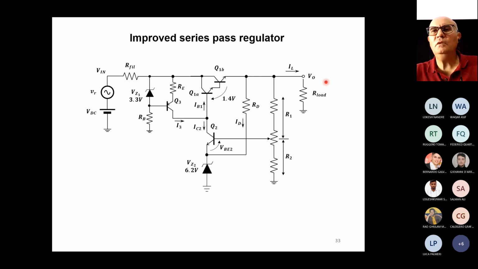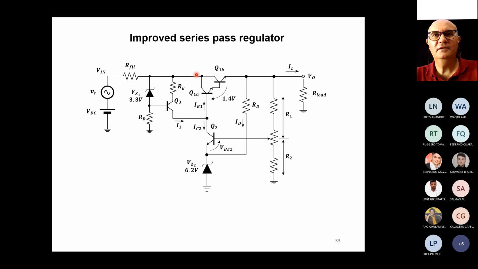So this is an example that lets me understand that in this situation, for instance, we have the same power dissipation in the load and in the power series pass transistor.